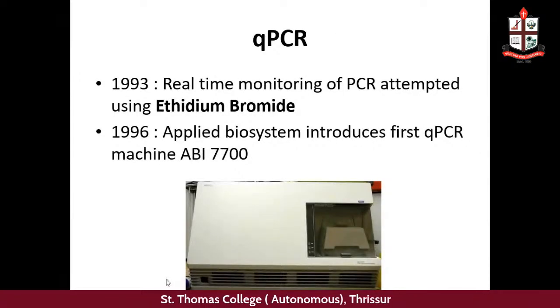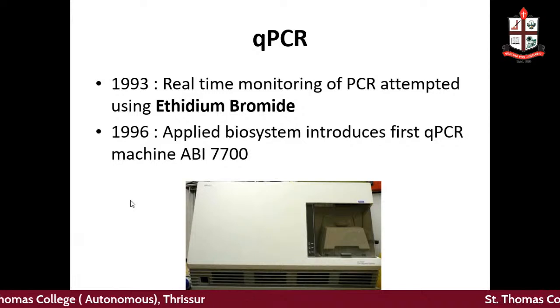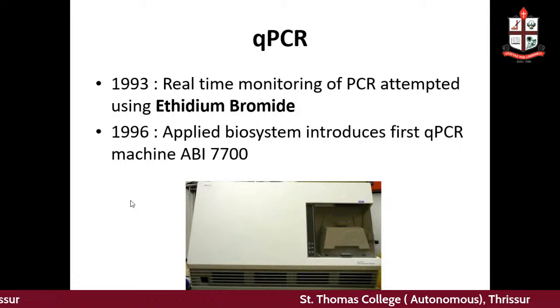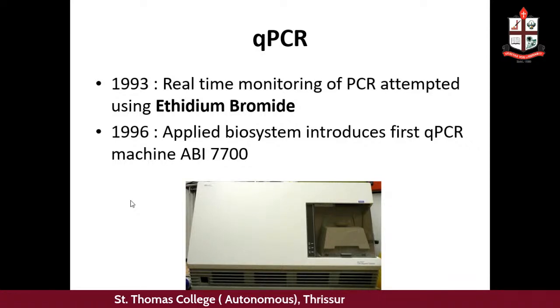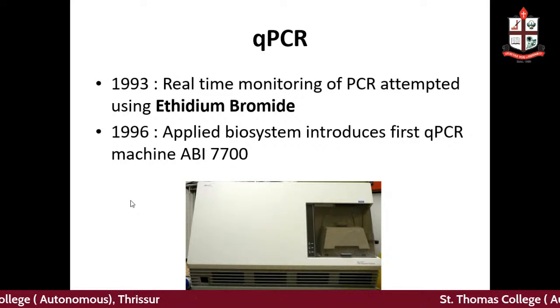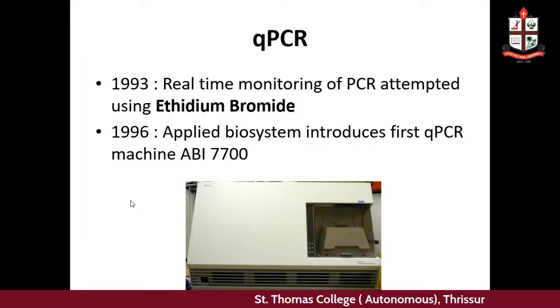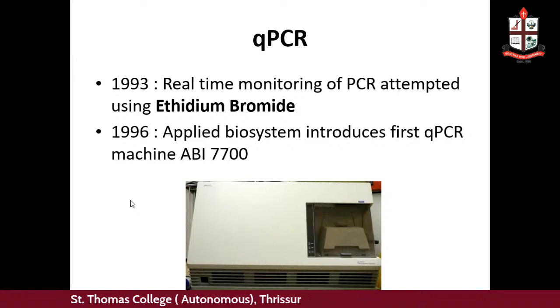Okay. Now we'll come to real-time PCR or qPCR, quantitative PCR. Real-time PCR basically involves real-time monitoring of PCR, hence the name. Here we monitor the increase in PCR product throughout the entire cycle. Initially, for monitoring the increase in PCR product, ethidium bromide was used.